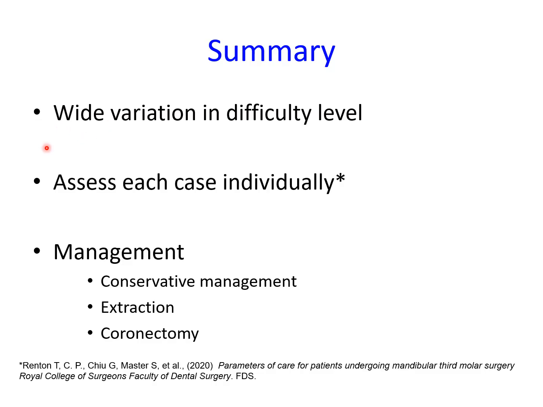In summary, there is a wide variation in the difficulty level of impacted wisdom teeth with regards to surgical extraction, and it is very important to assess each case individually using a thorough clinical assessment and a radiographic assessment. And if the radiographic assessment warrants, a cone beam CT scan may also be undertaken.